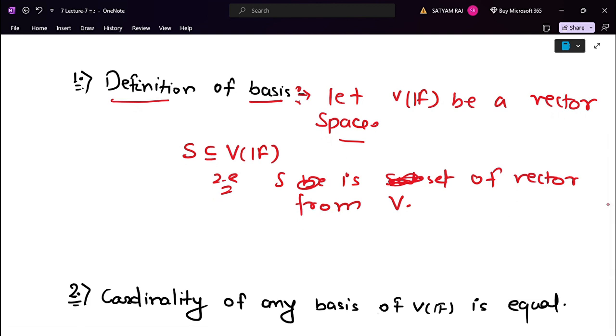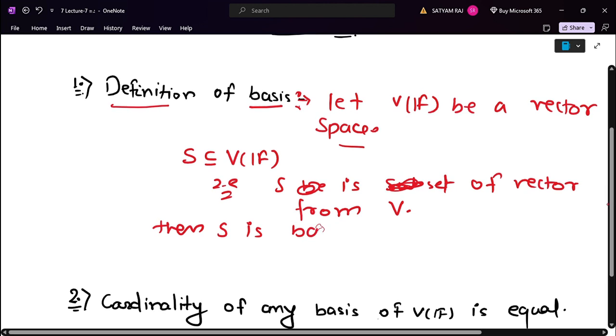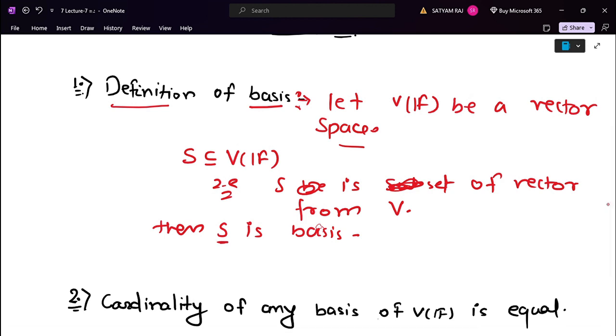Then we say that set S is a basis of vector space V over F. It is a basis of vector space V over F. So it should satisfy two conditions.